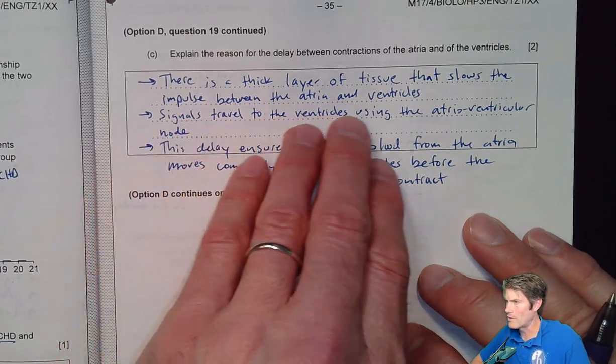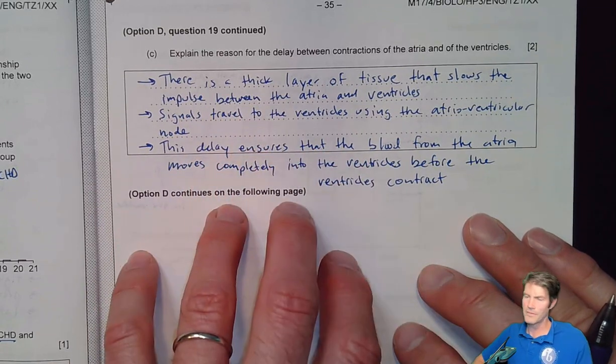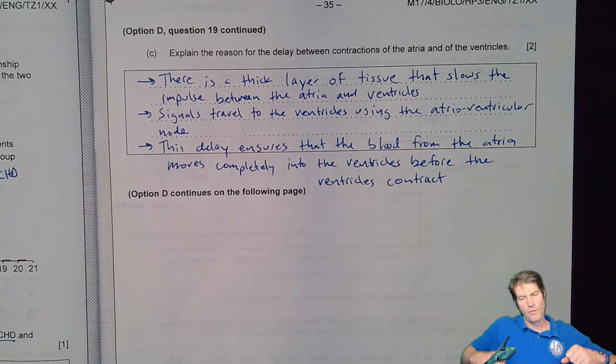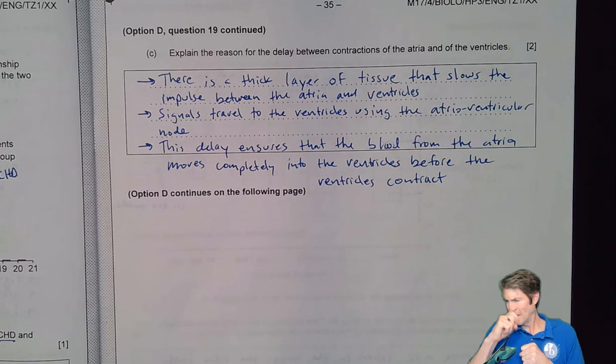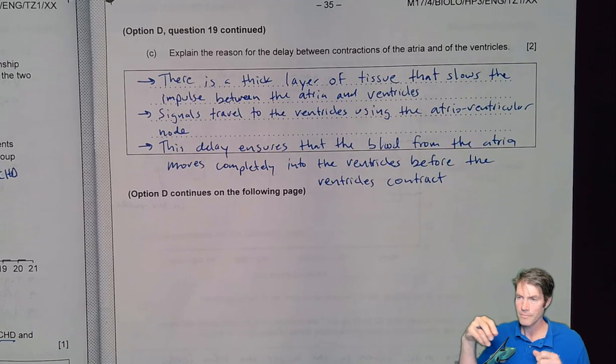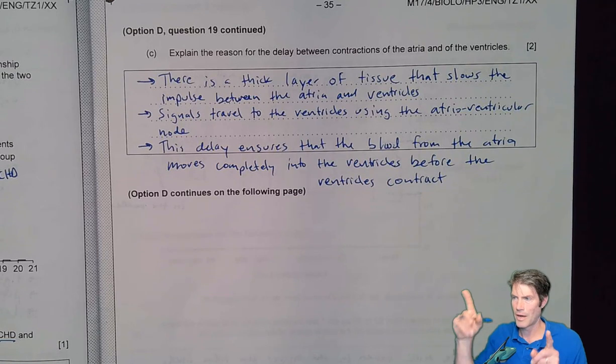And they do travel using that AV node. That delay ensures that all the blood from the atria goes completely into the ventricles before the ventricles contract. Otherwise, you're not going to have efficient blood pumping, if you don't get it all from the atria into the ventricles before you pump out of the ventricles into the lungs and the body.